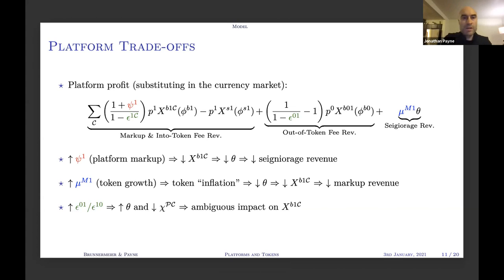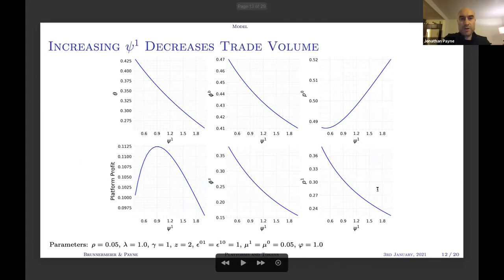All right. We can see this in a numerical illustration. So here we have the way the equilibrium is changing as the platform changes their markup. To take one example, we see the markup goes up, people hold less of the currency, and we can see the impact on the fraction of buyers and sellers, and ultimately the price on the two different platforms.